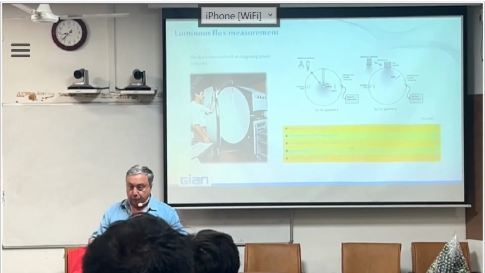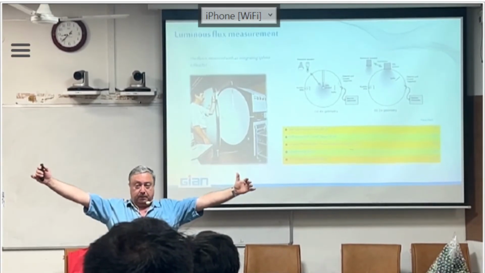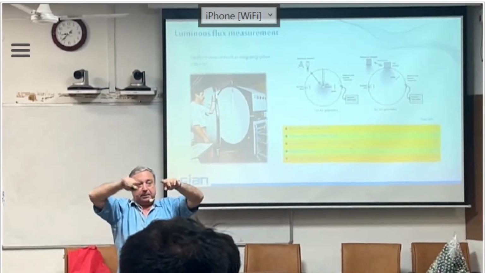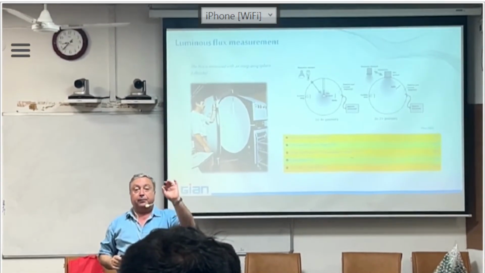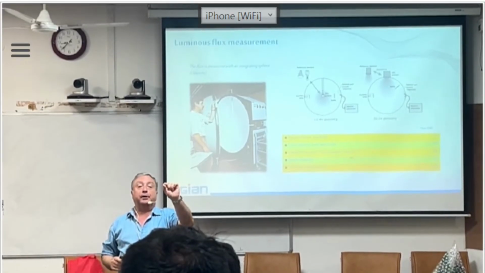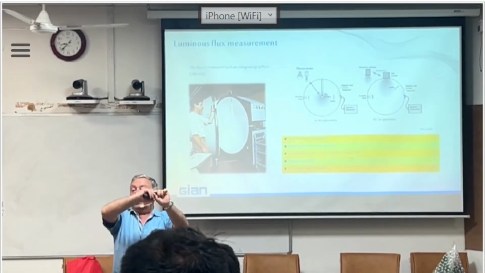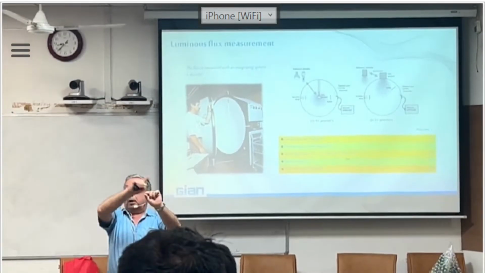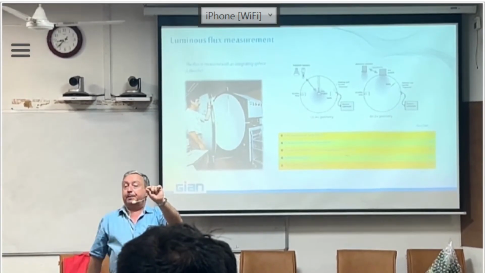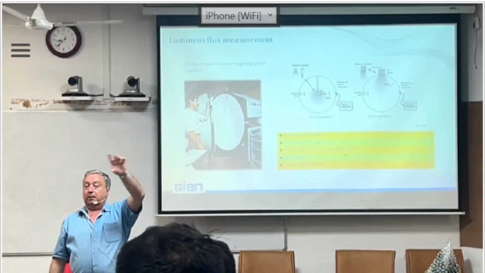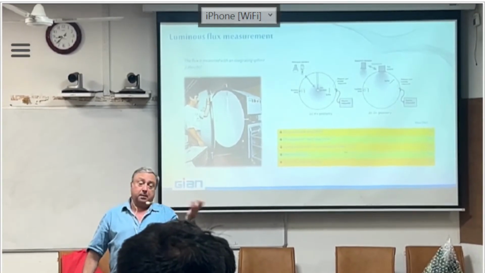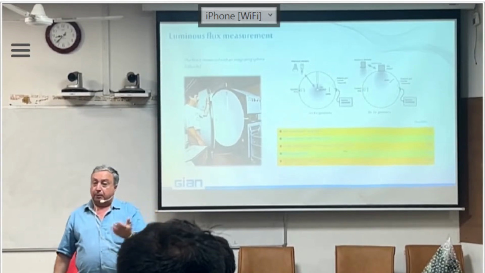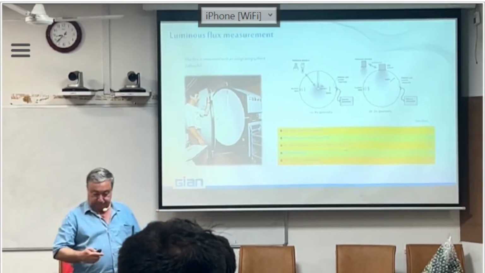Because if you put the lamp in a big sphere, the light is reflected inside the sphere, and you transform the system as if you had a mathematical point in the middle of the sphere that emits all the light in a uniform way in 4π space. And then if you take just a small amount of light, you multiply by 4π, and you have the lumens.